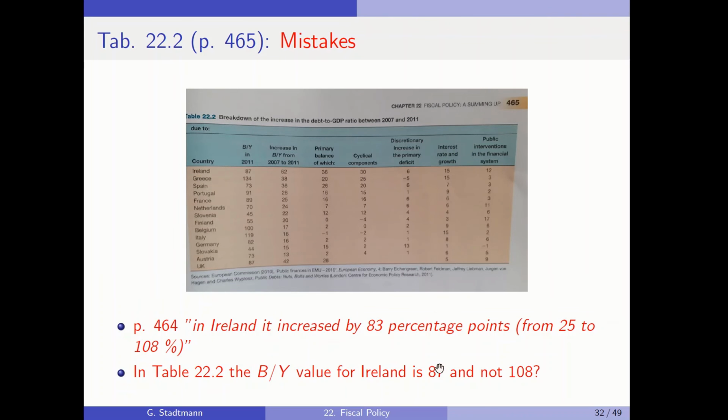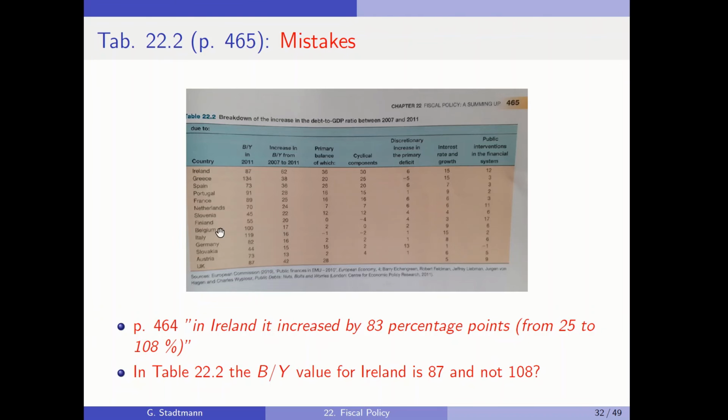Also, when it comes to table 22.2, there are some mistakes. For example, in the text it said, in Ireland, it increased by 83 percentage points from 25 to 108.